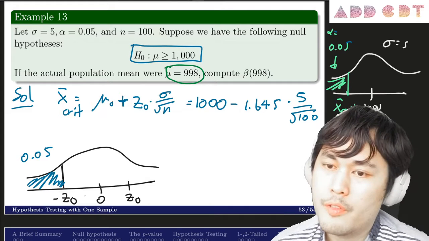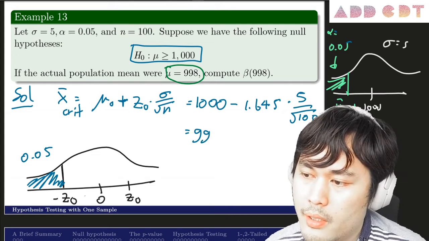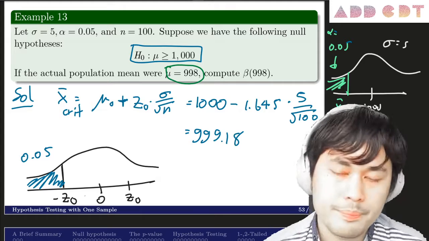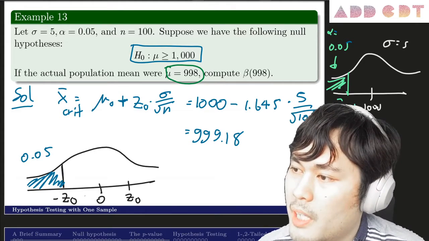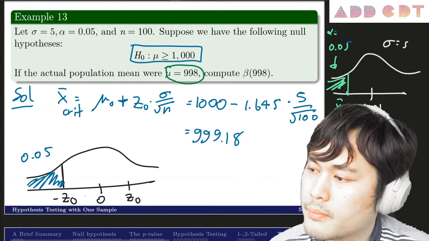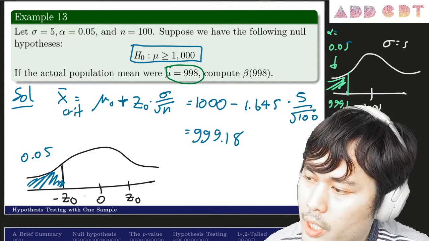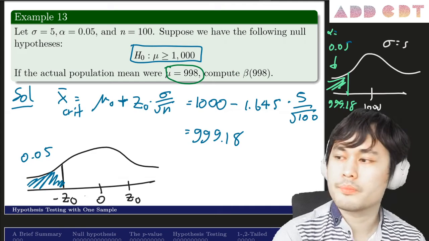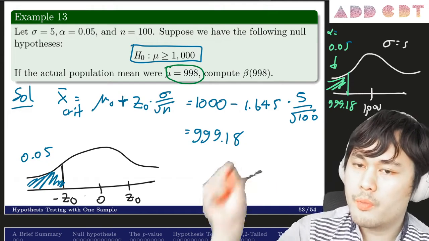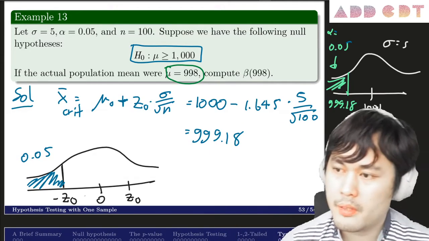Once you finish the calculation, you get 999.18. That means this point here is 999.18. So let's suppose we just have that image.